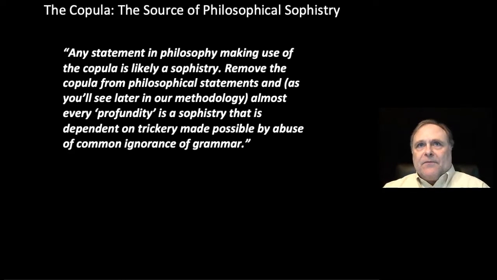Remove the copula from philosophical statements, especially ones that claim they're profound, and it just demonstrates their bad grammar and sophistry. That's all they are. If you learn the propertarian grammar, the formal grammar of operational language, which is testable, the complete sentences if we spoke unlazily, then you'll say these things are just the use of bad grammar to trick the ignorant.